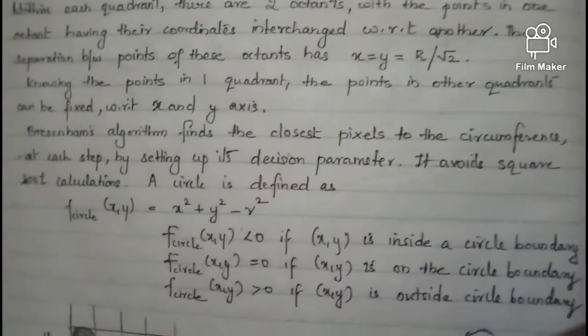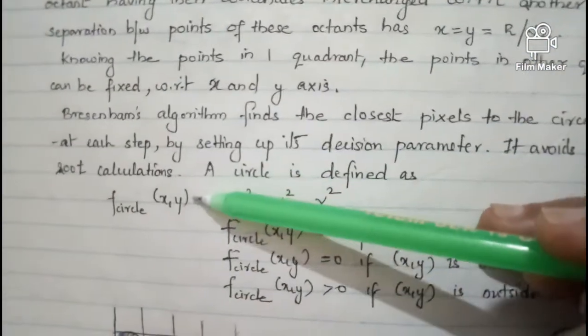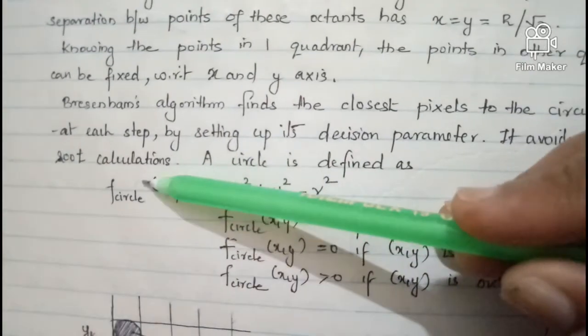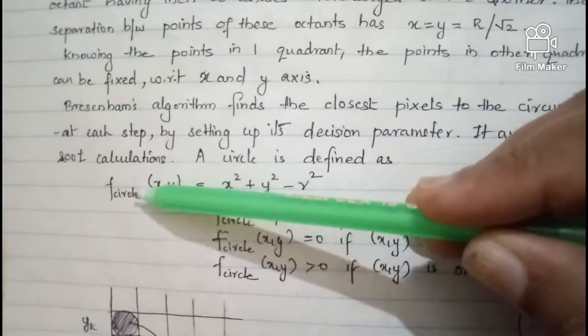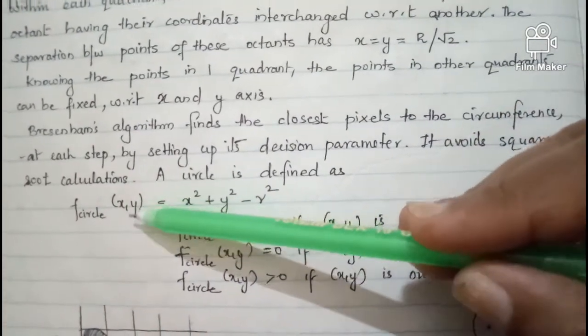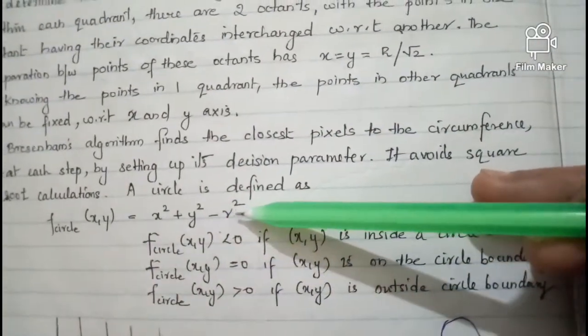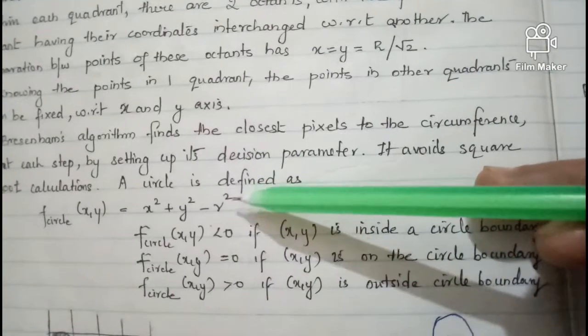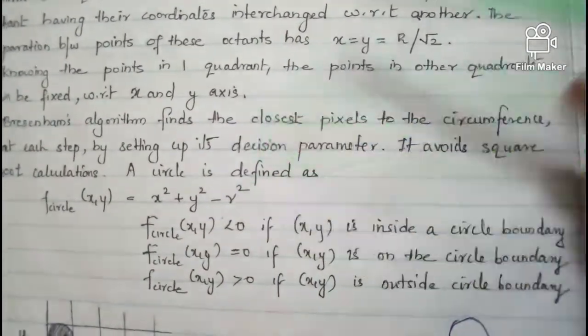This circle equation is assigned to a function of a circle, f circle of x, y. This is a circle function in terms of x and y, and the value of the circle function is x square plus y square minus r square. It is nothing but r square from the RHS taken to the LHS.